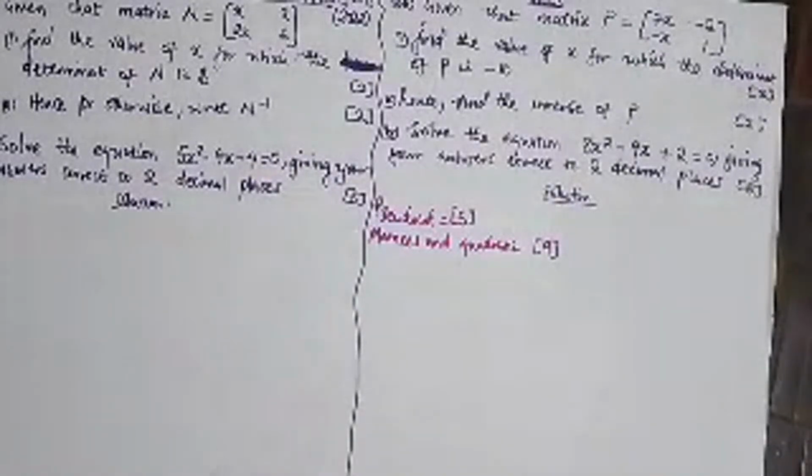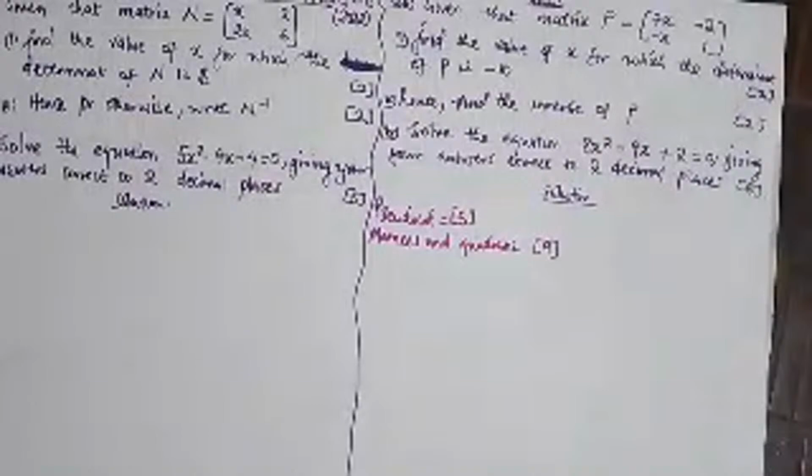If you solve these three questions correctly, already you have 14 marks in paper 2, section A. You can answer these questions within 15 minutes. They are simple to answer.